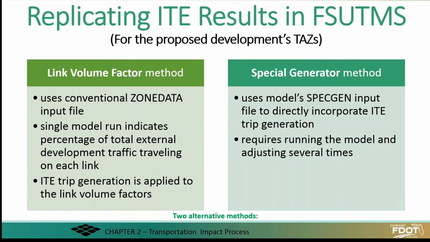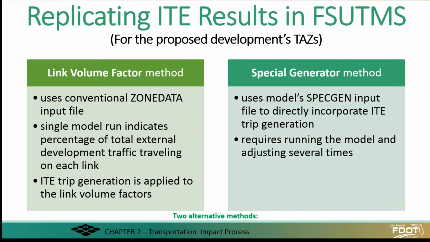The first method listed here is the link volume factor method. With the link volume factor method, you use the FSU-TMS model pretty much out of the box, and you will modify the zone data input file, which contains the population and employment data for the model, to be as similar to the characteristics of your project as possible.